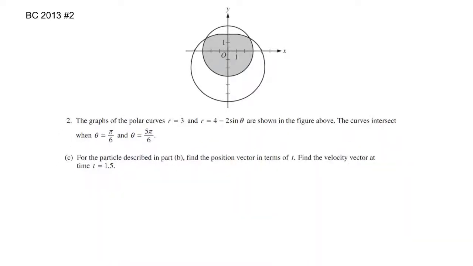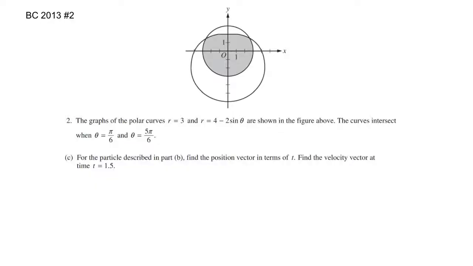Okay, the next part of this question asks us, for the particle described in part B, to find the position vector in terms of t, and then find the velocity. Well, we've already found part of the position vector in part B. That's what we already have graphed in our calculators.